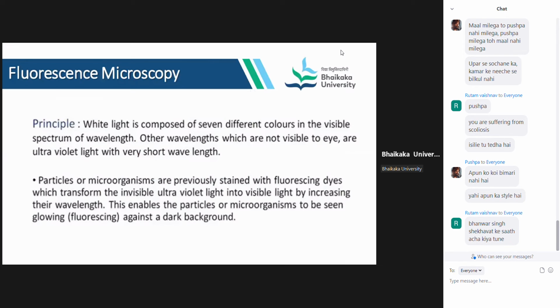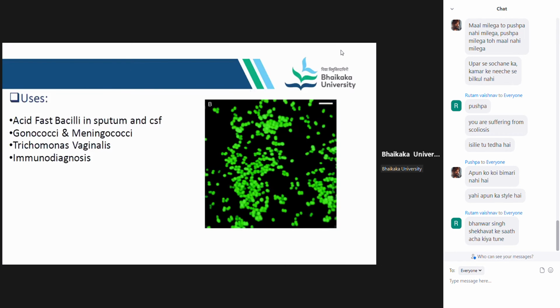This enables the particles or the microorganisms to be seen glowing, that is fluorescing, against the dark background. So here we are using a fluorescent stain, and the microscope is enhancing the stain by increasing the wavelength, so that it will be seen by the naked eye.